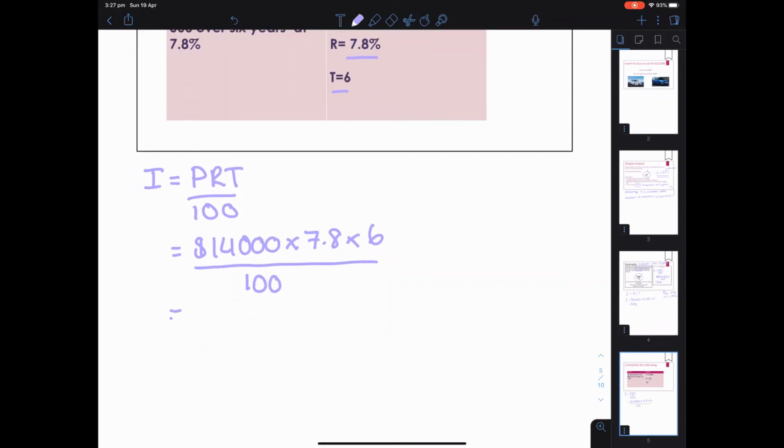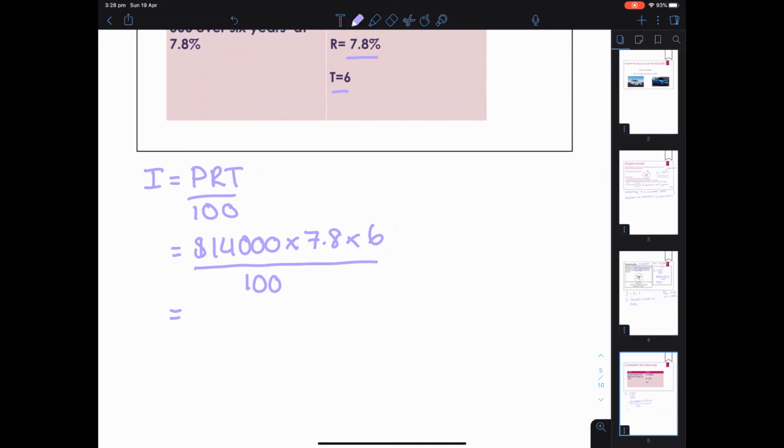When you're putting that into a calculator, you may need to put brackets around the top, because otherwise you'll just be dividing that 100 by the last number and not by the entire top half of your sum. You can also work out the answer to the top half of your sum and divide the answer by 100. But if you just type in 14,000 times 7.8 times 6 divided by 100, it's only going to divide that 6 by 100, and so you're not going to get an accurate answer.